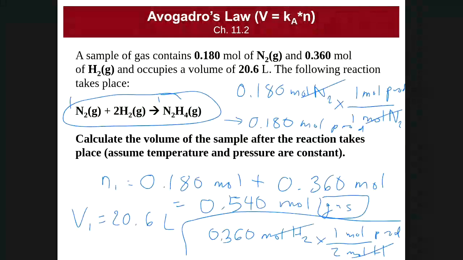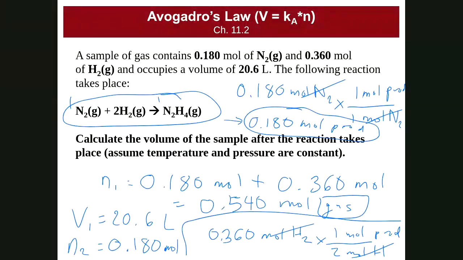So we're actually going to use up all of our reactants equally. So neither one is a limiting reactant. And we're going to make 0.18 moles of our product. And there's only one product, so that is all of the moles of gas on the other side of our reaction. So that is going to be our N2. So N2 is 0.180 moles of our product gas.